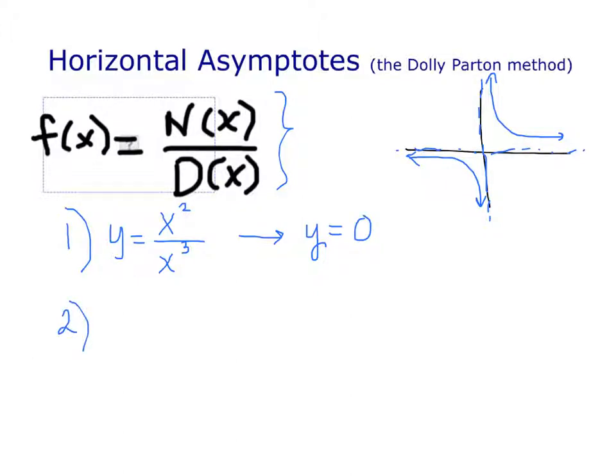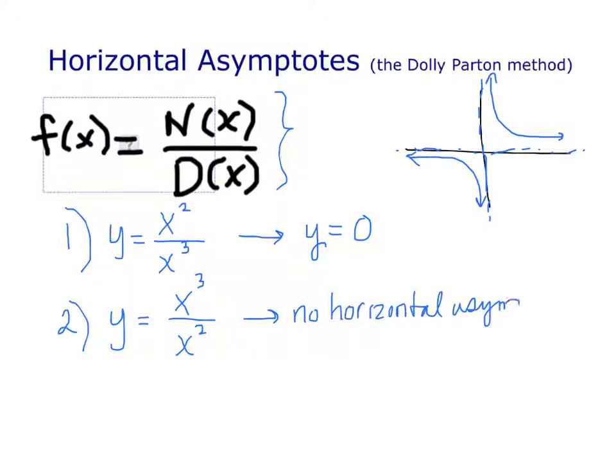Another case would be if the highest power was in the numerator. If the highest power is in the numerator, there is no horizontal asymptote. All right, so the third case is if it's not bigger on the top and it's not bigger on the bottom, then it's got to be the same.